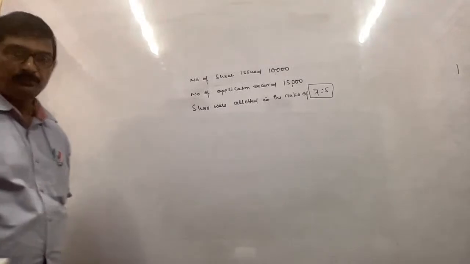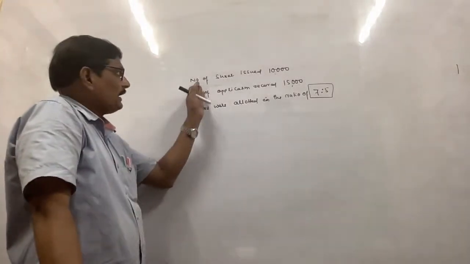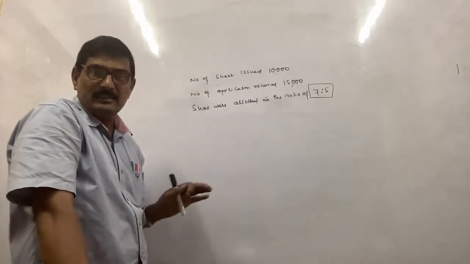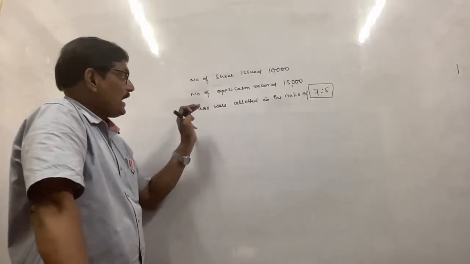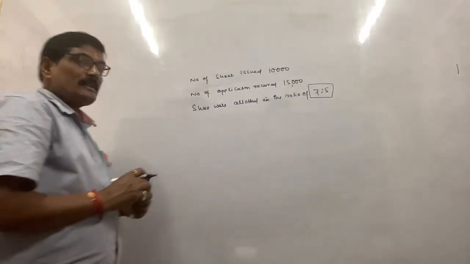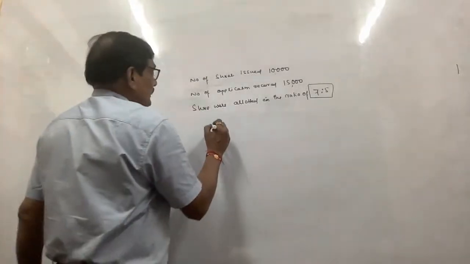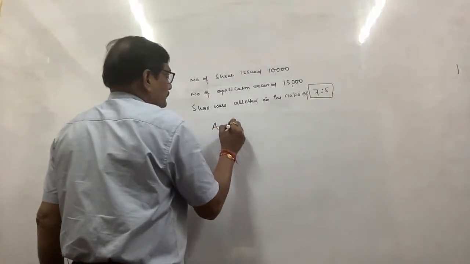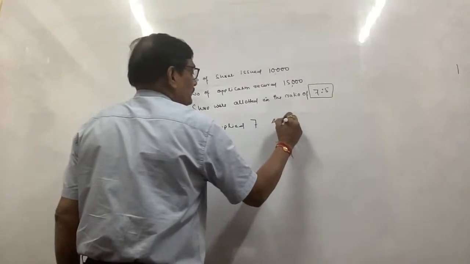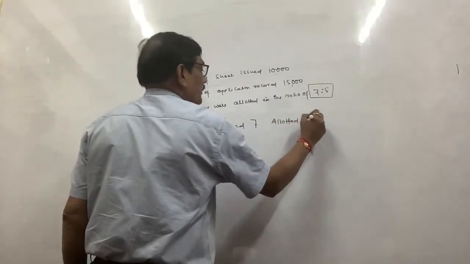So carefully see, understand. Number of shares issued 10,000, number of applications received 15,000, and shares were allotted in the ratio of 7:5. 7:5 means applied 7, allotted 5.